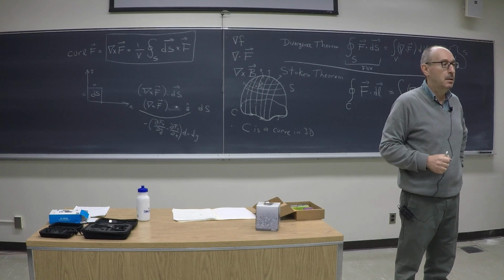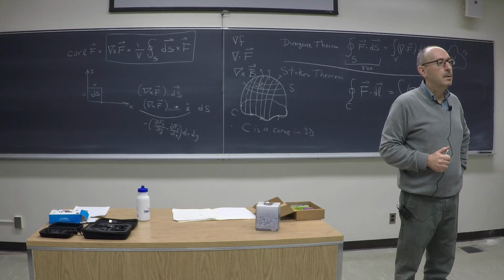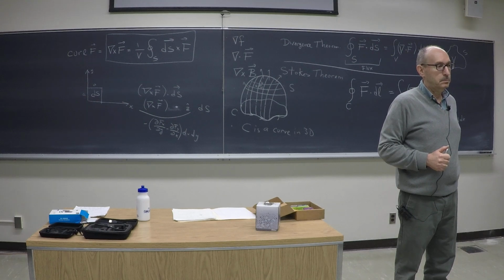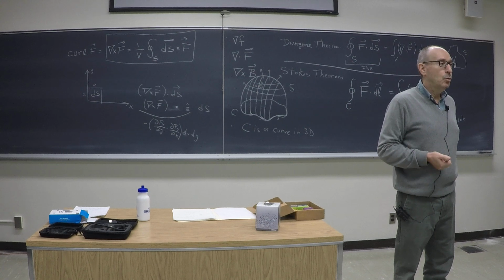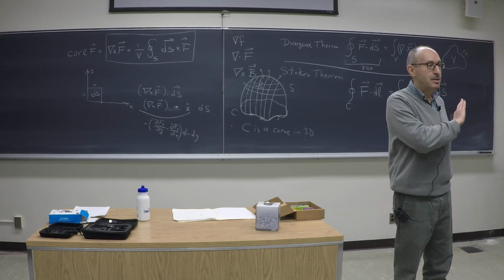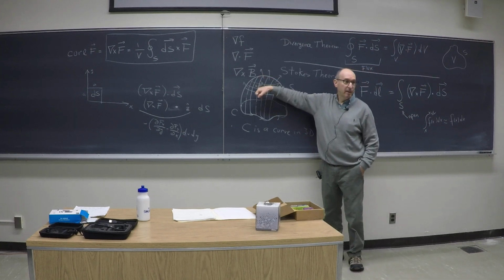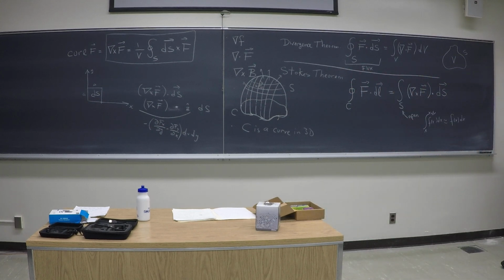Wouldn't the normal vectors on the inside be pointing in the opposite direction from the outside? Wouldn't they cancel each other out? That's why you don't do that. That's what the theorem states: you do either out or in, but not both. It's a thin, mathematical surface, not a real one.